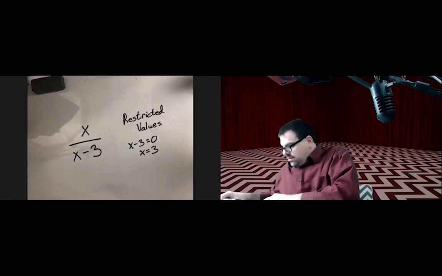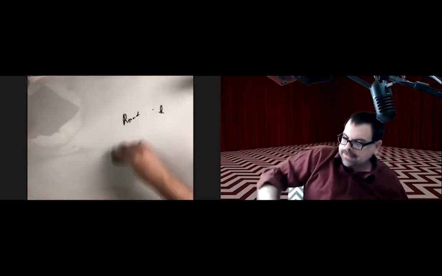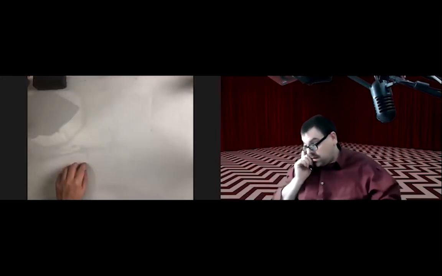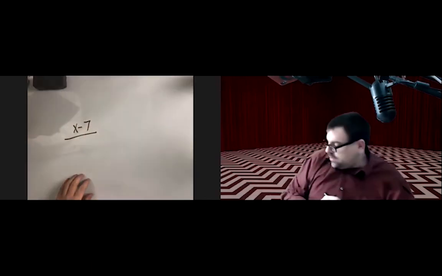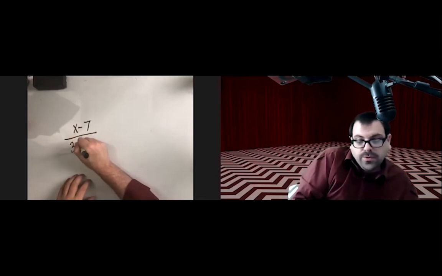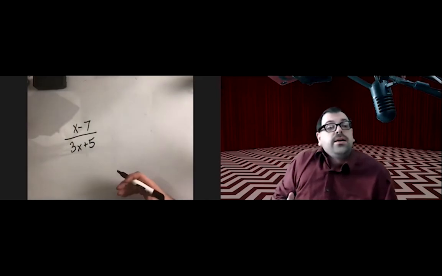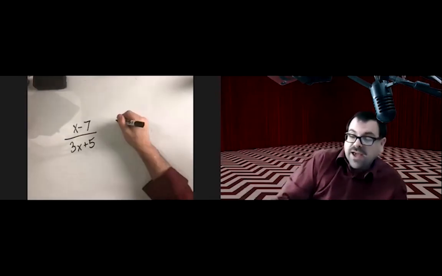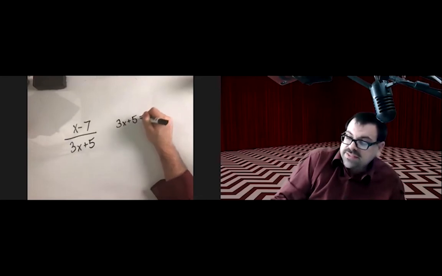Let's find some more restricted values. If we had x minus 7 over 3x plus 5, what would be the restricted value? Well, we find these by taking the denominator, 3x plus 5, and setting it equal to 0.